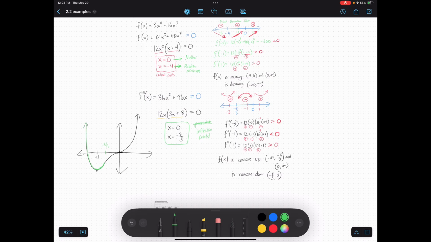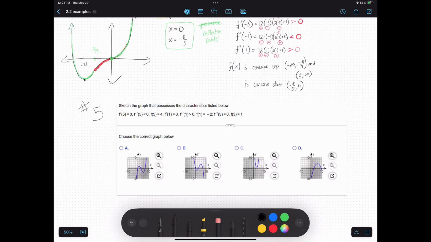And then right here, I switch to being concave down because I have an inflection point there at negative 8/3. And then what happens at 0? I switch back to being concave up because I have another inflection point at 0.